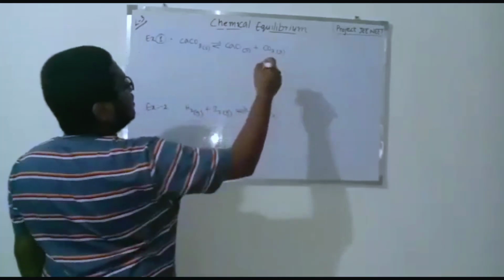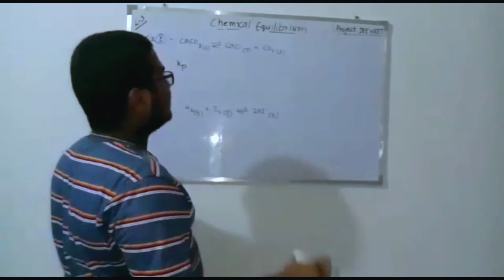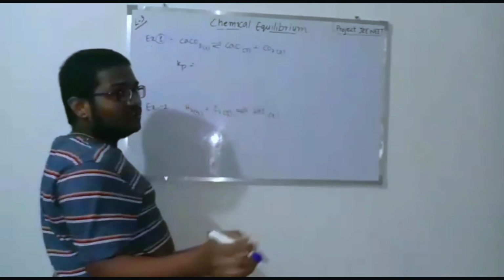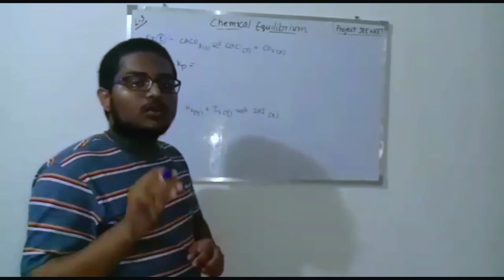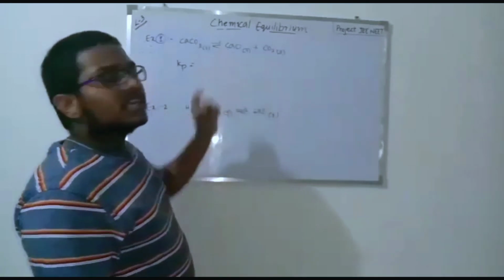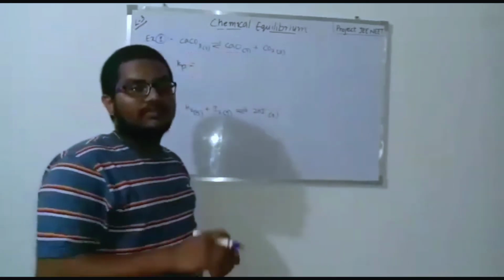Here Kp is equal to the partial pressure of products divided by the partial pressure of reactants which are in gaseous phase only, because we do not consider products or reactants in the solid or liquid phase.